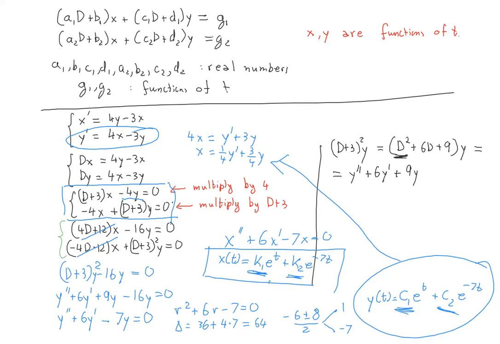This would have assigned too much flexibility on the choice of C1, C2, K1, K2. It would have given you supposedly the false idea that you can choose four constants anywhere you like. Well, that's simply not correct.